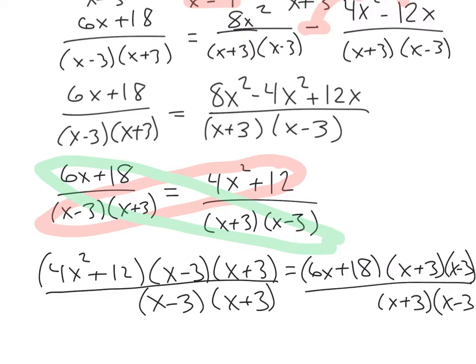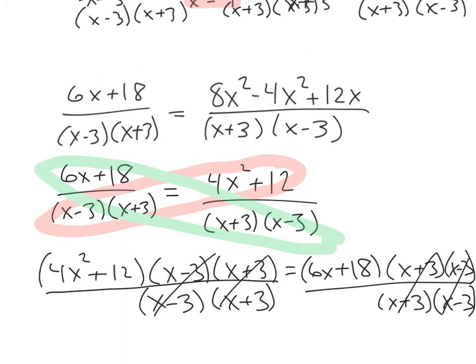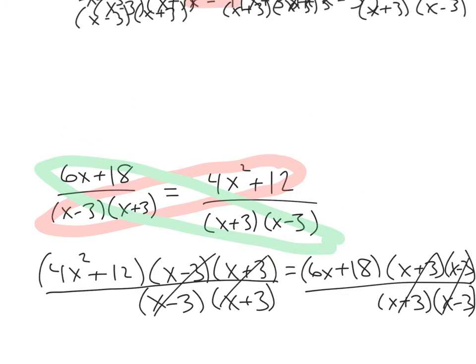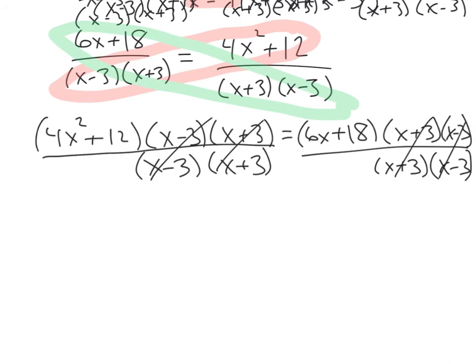And what that ends up doing is these simplify, leaving us with a lot more manageable question. It leaves us with, sorry, I had to move some stuff, 4x squared plus 12x is equal to, oh, I forgot my x here. My apologies, I needed my x. My 4x squared plus 12x is equal to 6x plus my 18.